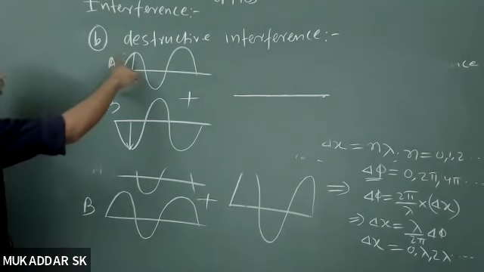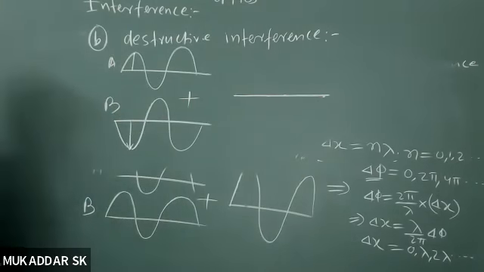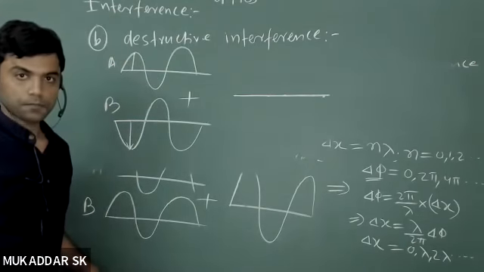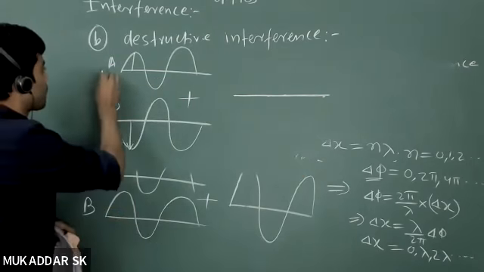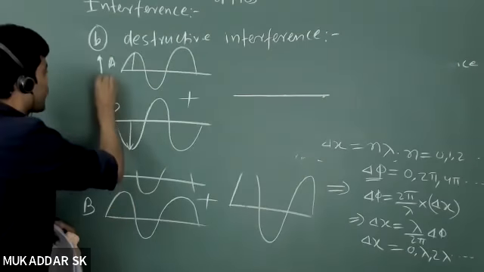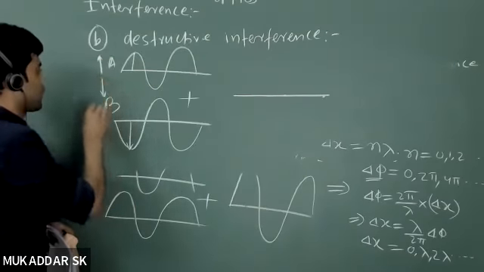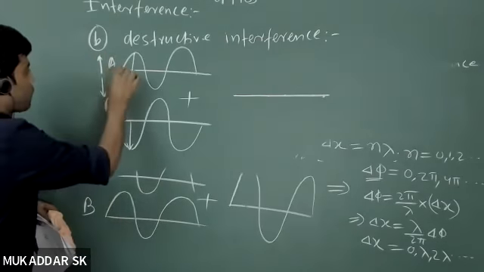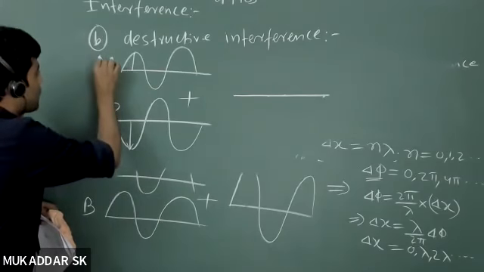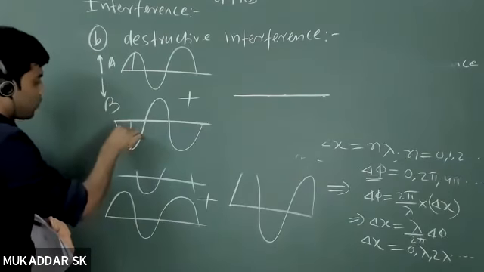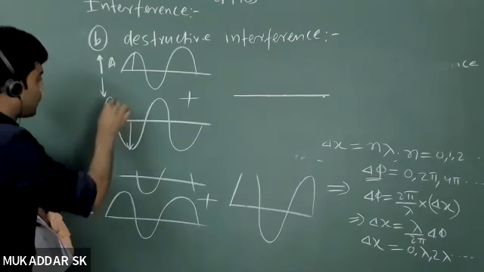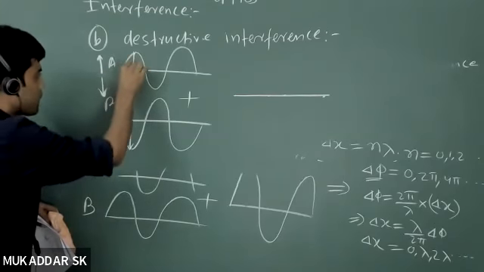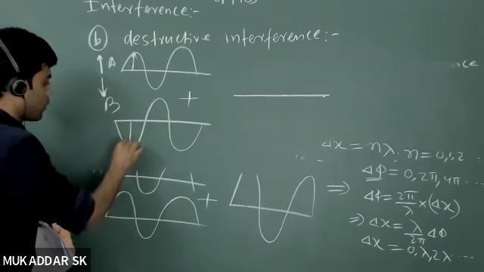So when both waves are out of phase, what is the phase difference between these two waves here? कितना है? एक आपका अपवर्ड जा रहा है, दूसरा आपका क्या है? डाउनवर्ड जा रहा है. फेज डिफरेंस कितना हो गया? 180, right? Did you get? So for wave A, the amplitude is going upward. At the same time, for wave B, the amplitude is going in which direction? Downward direction. It is going upward, it is going downward.